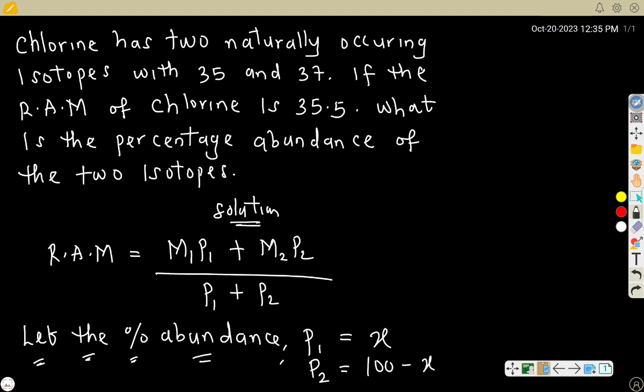So now let's put it in the formula. Remember, we have the relative atomic mass in the question, that is 35.5.